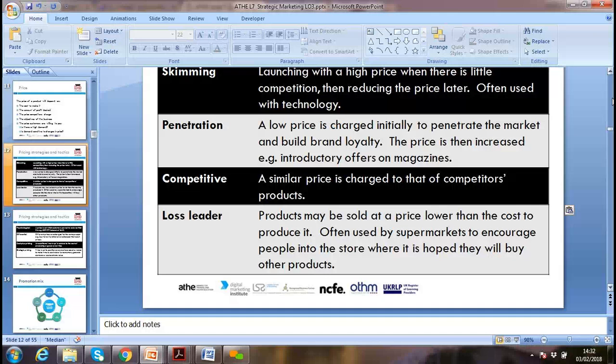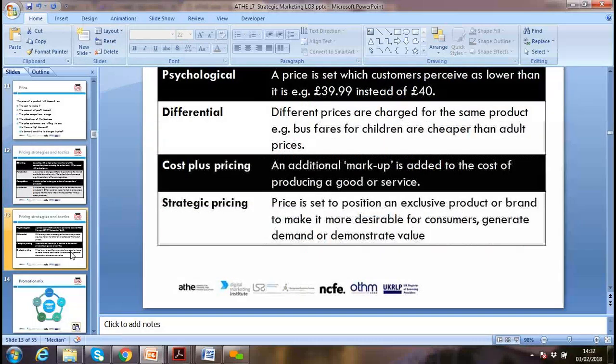The anti-dumping rules are protected under the WTO, World Trade Organization, legislation. So we need to look out for those when we use a loss leader, because it is illegal.